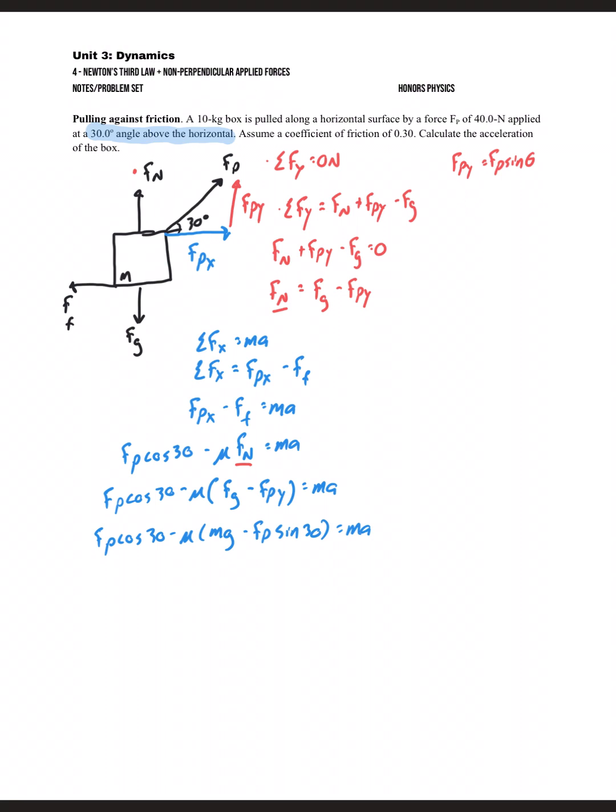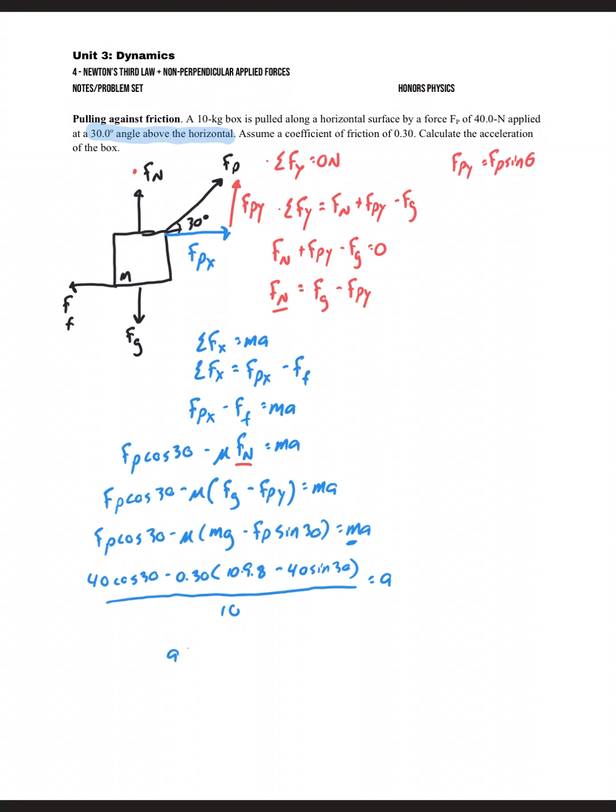Here's the rest of that solved, or at least broken down. Solving for a means divide by m. So I get a big long equation that looks something like this, divided by mass.